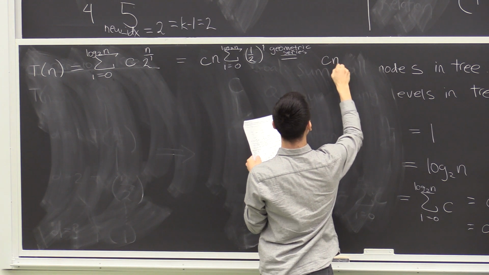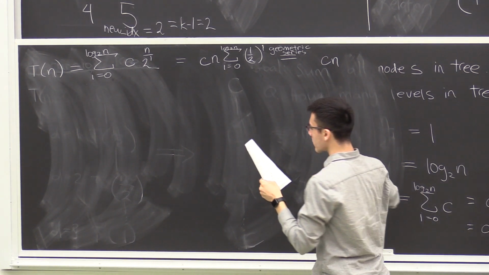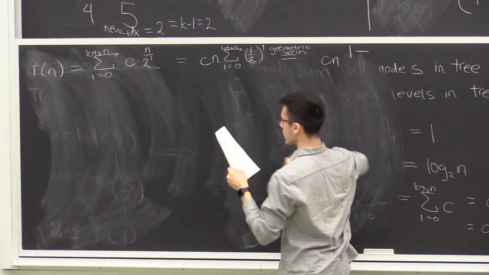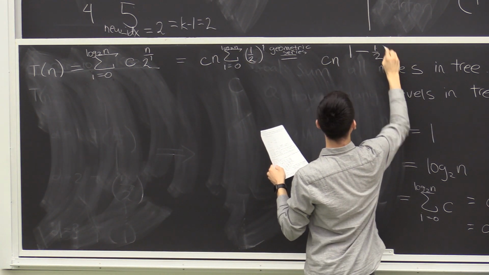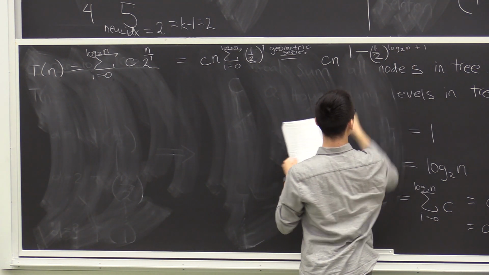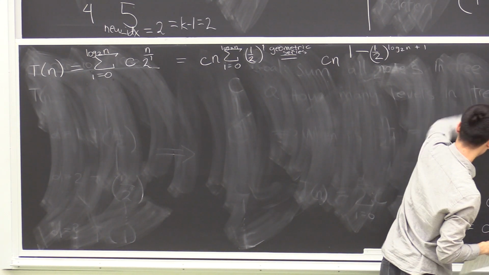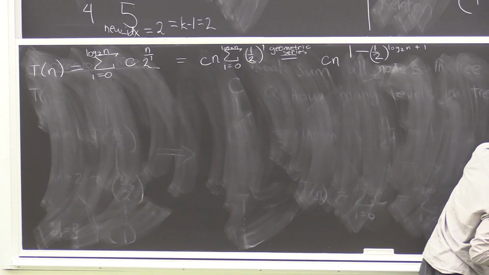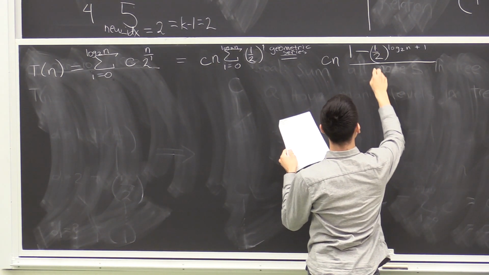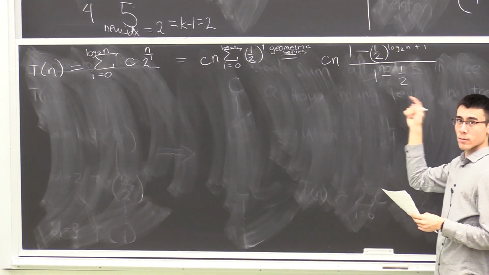So you have a geometric series. And if you remember the formula for the geometric series up to a certain number of terms, you're going to get Cn times 1 minus half to the log n plus 1, over 1 minus half. Okay? So 1 minus r, where r is half.